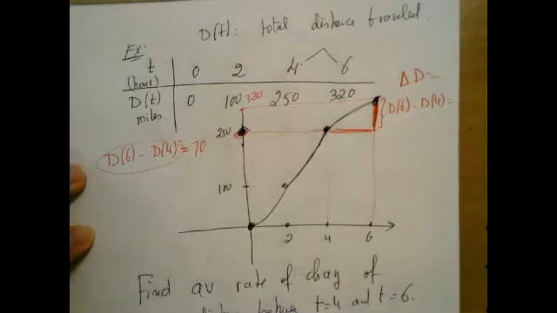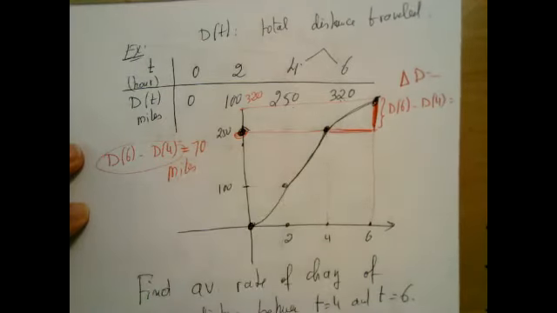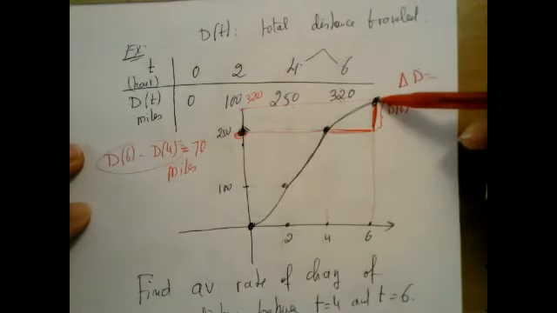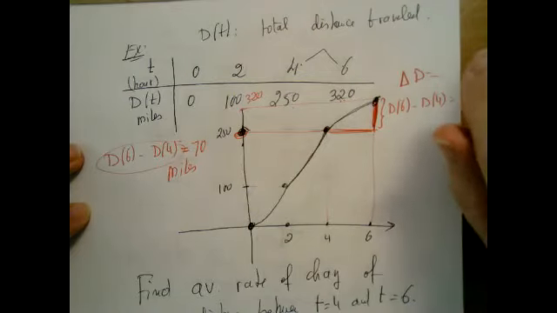What does the 70 represent? The change in what? The change of speed? No, not the change in speed. It's miles. Maybe just the more distance. That's how much he traveled between t equal to 4 and t equal to 6. We're not up to the speed yet.